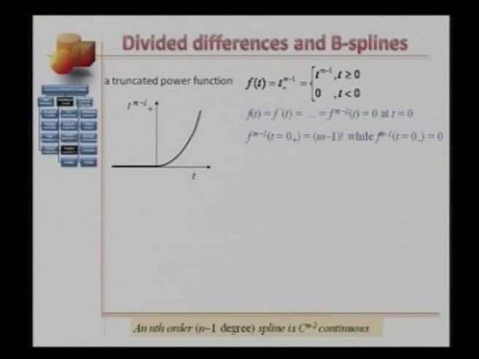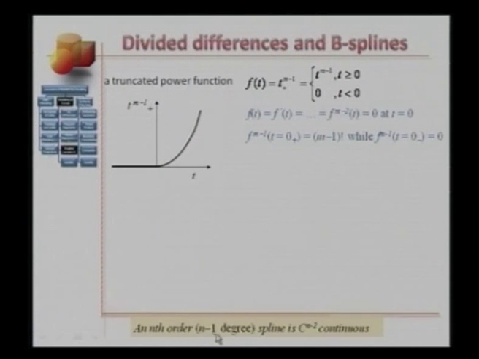At t equals 0 plus, it is equal to m minus 1 factorial. That is the right hand side derivative. While at t equals 0 minus it is 0. So you would see that the m minus 1th derivative is not unique. In other words, this function here is not C^(m-1) continuous at the junction point.